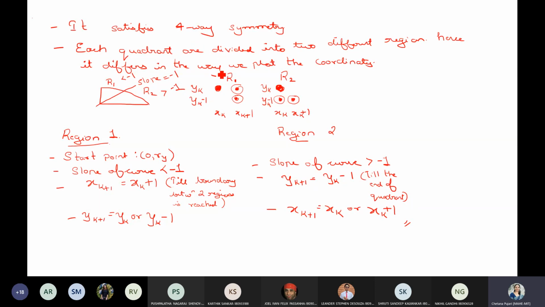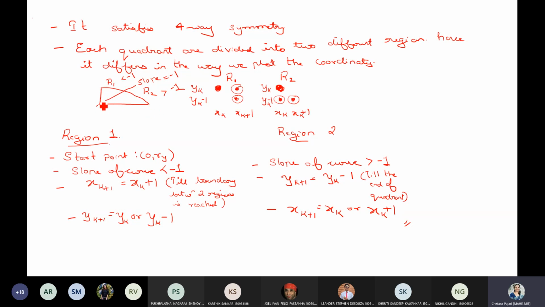So in case of 4-way symmetry, you are going to identify the coordinates of one complete quadrant, so that you can get the coordinates of the remaining 3 quadrants. So we have seen this diagram wherein you have your ellipse.